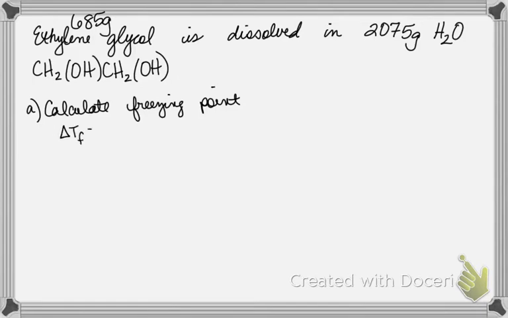Delta TF is equal to KF times m. The KF is going to be a constant. The molal freezing point constant we would get from table 13.2 in our book.